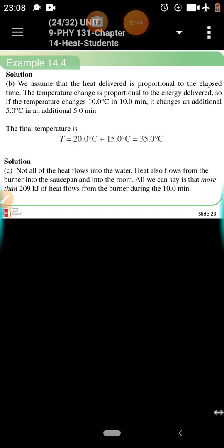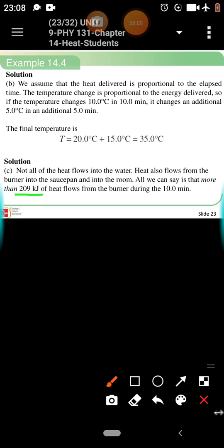This is the value calculated if you assume that all the heat flows into the water.